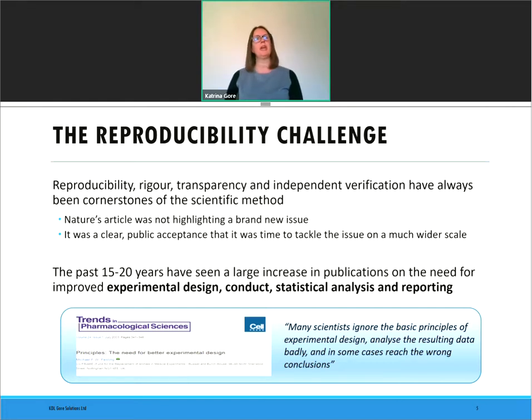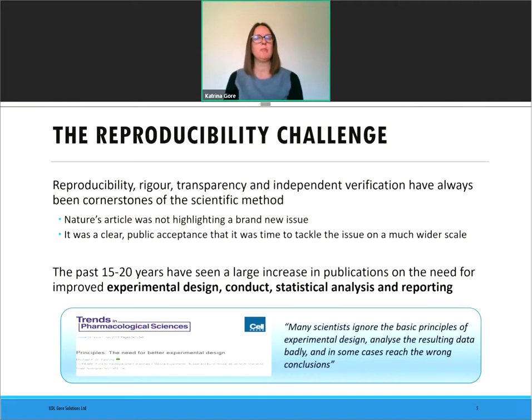As a statistician looking at the journals and the articles on this topic, in the last 15 to 20 years I really saw a large increase in publications, but with the focus on the need for improved experimental design, conduct, stats analysis and reporting. And those are obviously keywords that I'm very much interested in. I'm highlighting a paper here from 2003 in TIPS, where Michael Festing is talking about the need for better experimental design.